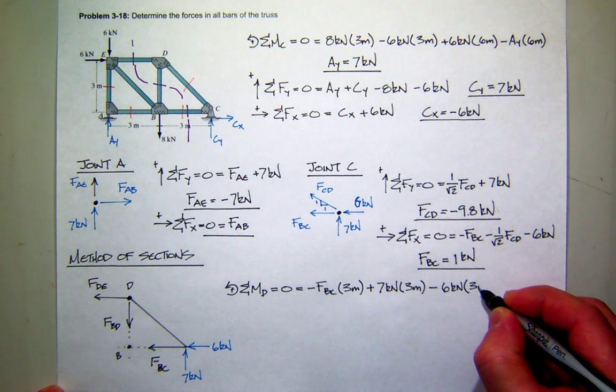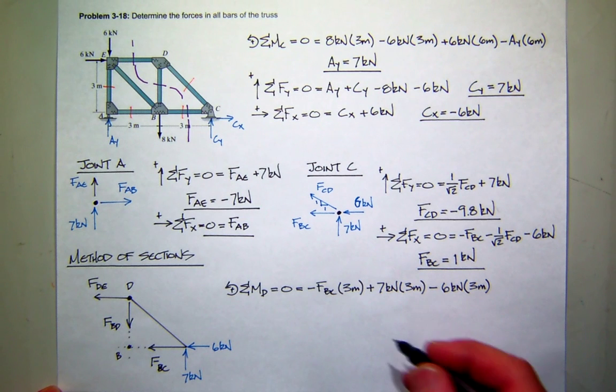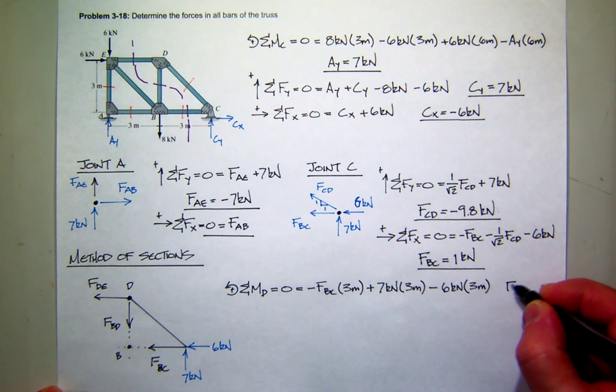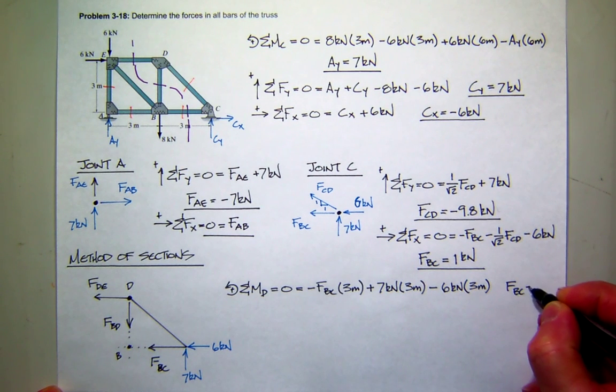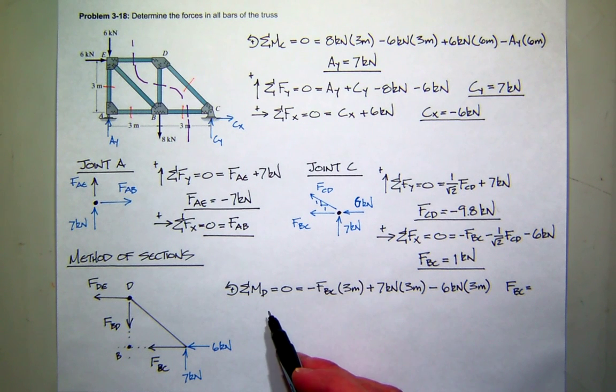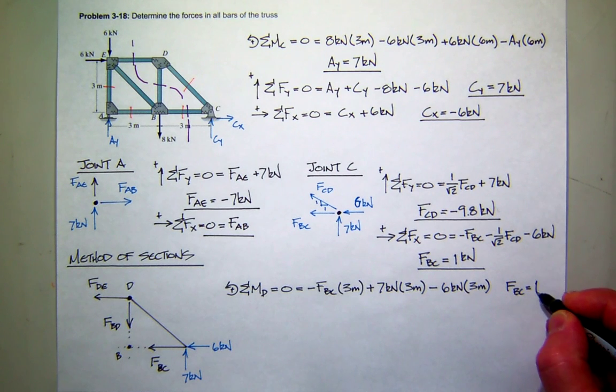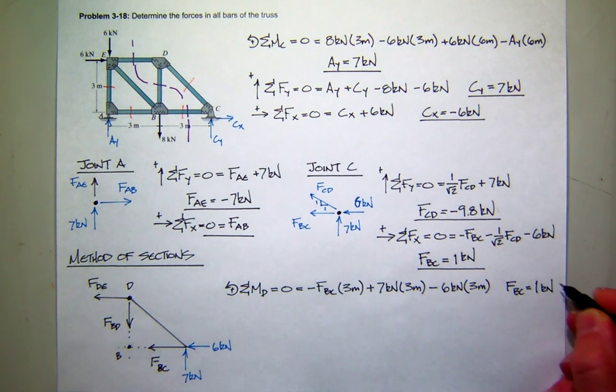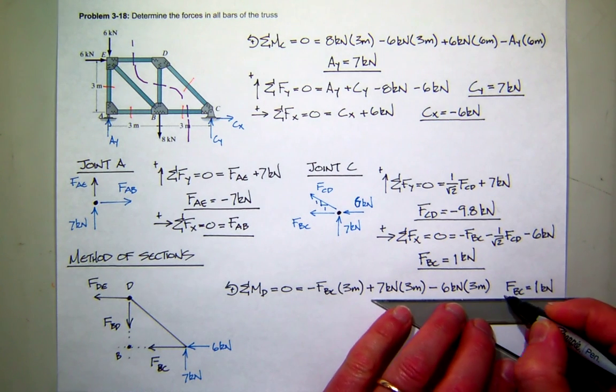Everything has a moment arm of 3. That's convenient. So we should be able to find that the force in BC is, all the 3's cancel, that goes to the other side. It looks like 1. Is that right? It came out positive, so that's a force that's in tension.